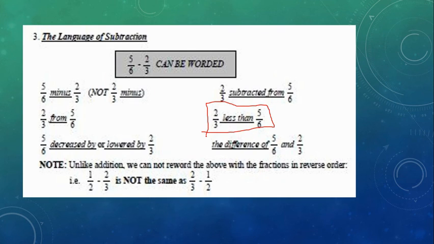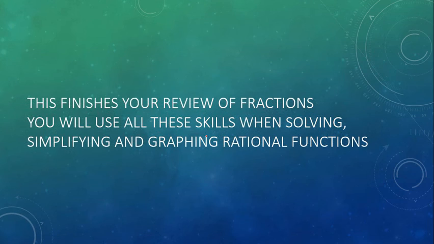So the less than is different, so be aware of that. When they say less than, you're going to have to switch things. 5/6 decreased or lowered by 2/3, the difference of 5/6 and 2/3. Unlike addition, we cannot reword the above with the fractions in reverse order because 1/2 minus 2/3 is not the same as 2/3 minus 1/2.